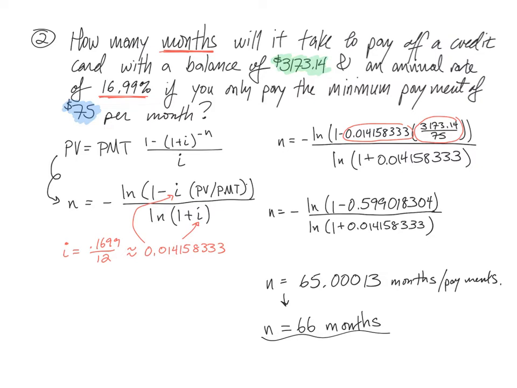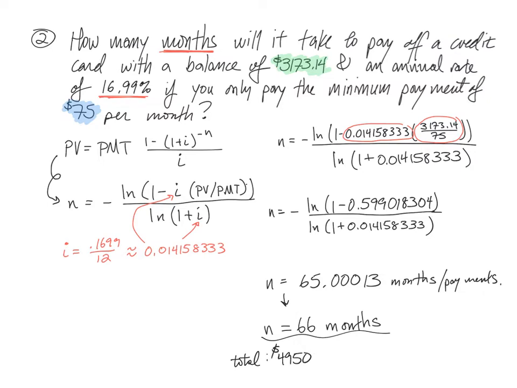We pay $75 per month for 66 months. How much money did you actually pay to pay off this credit card? Well, we could just take the actual payment per month, the $75, and multiply by the 66 months, and you would get a total of $4,950.